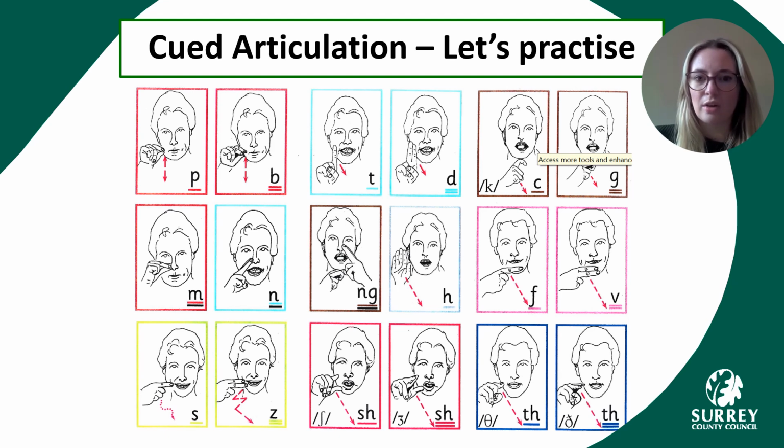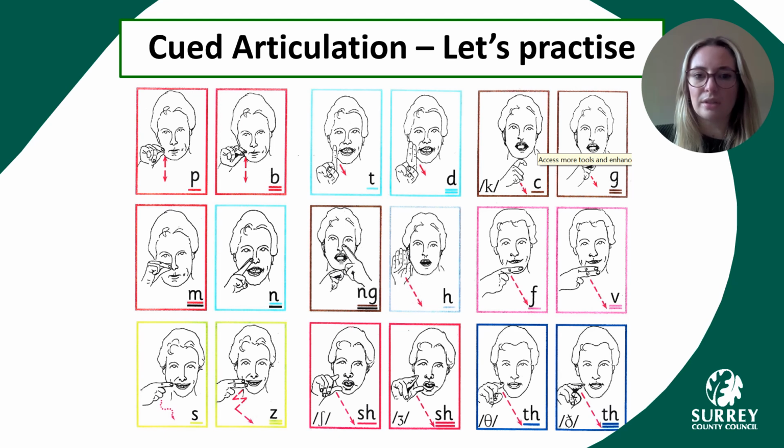The place is shown by where your hand is, so if it's a sound like p, which is made right at the front, p is made where your lips are, whereas a k sound, which is made right at the back, k, k. If it's a long sound, the sound can carry on, s, whereas a short sound, p, is just over.